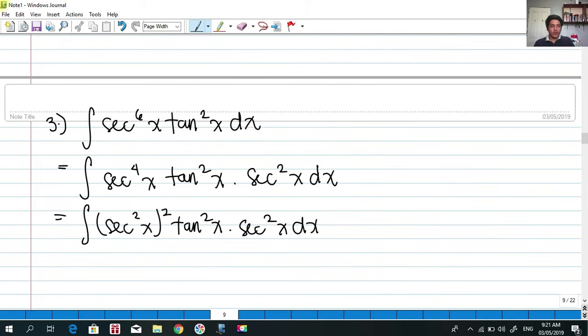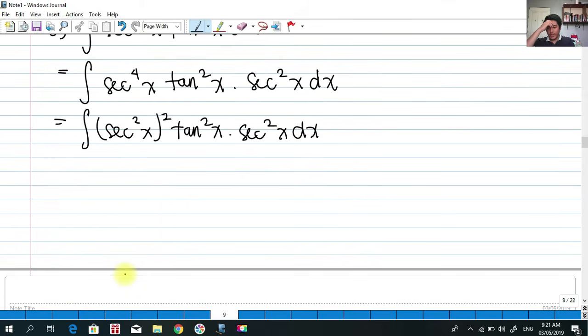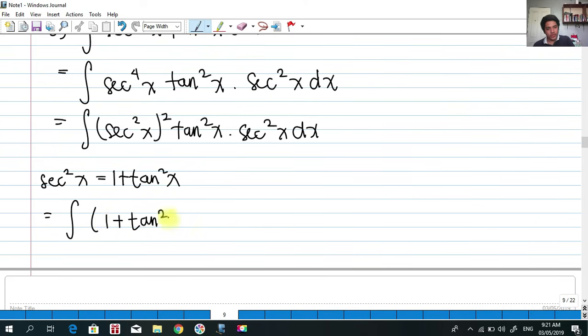In this case, we're going to again recall the basic identity that we have learned, Pythagorean identity, that secant squared of x is equals to 1 plus tangent squared of x. So we can replace the secant squared of x simply by the integral of 1 plus tangent squared x squared multiplied by tangent squared of x times secant squared of x dx.